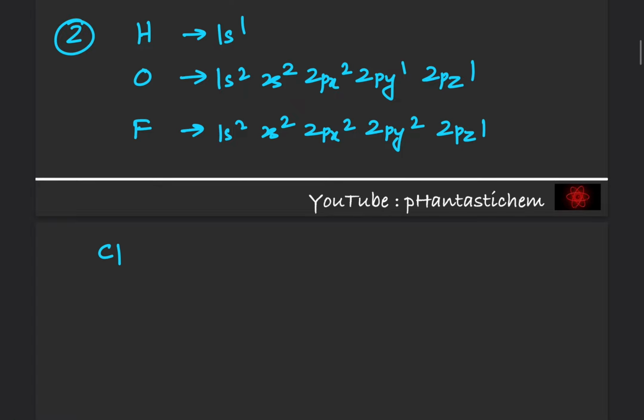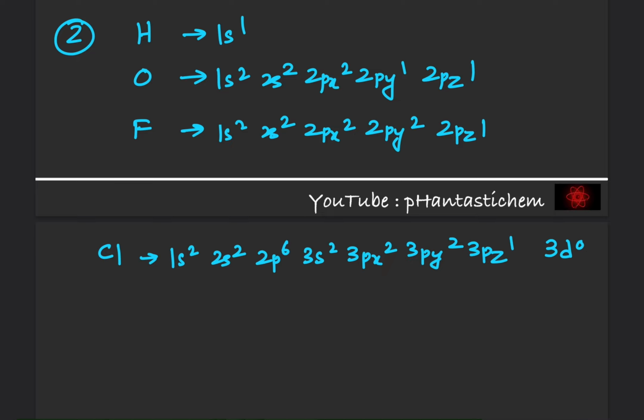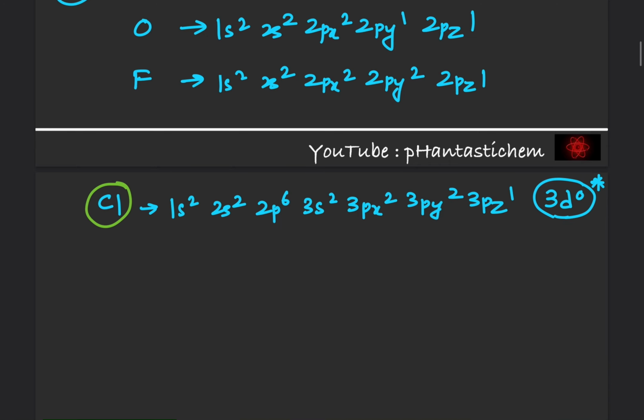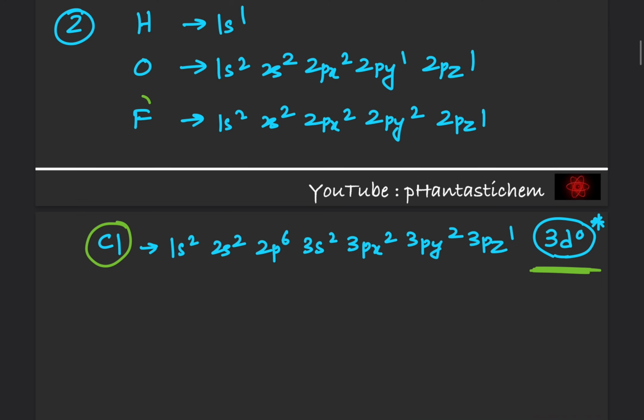And for chlorine, it is 1s2, 2s2, 2p6, 3s2, 3px2, 3py2, 3pz1, and also 3d0. Very important, putting a star mark here. So chlorine clearly belongs to the third period, and therefore it has vacant 3d orbitals, which is not the case for fluorine or hydrogen.